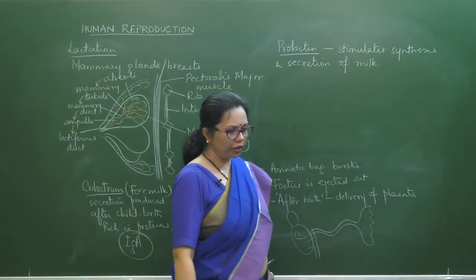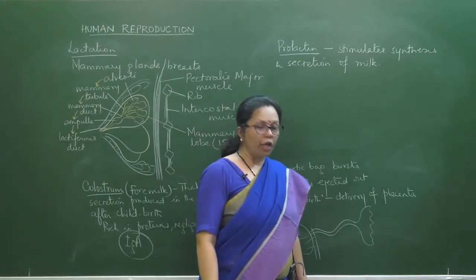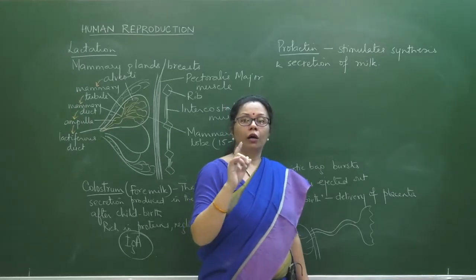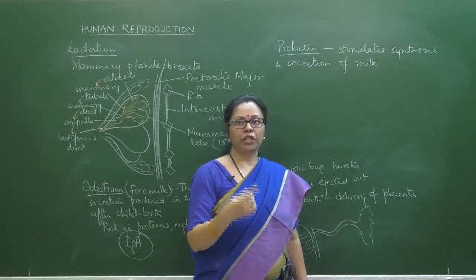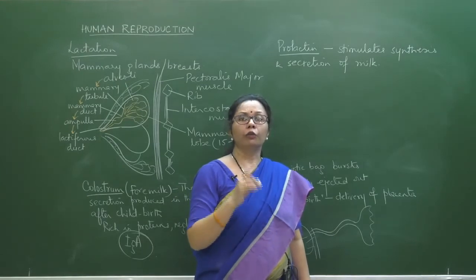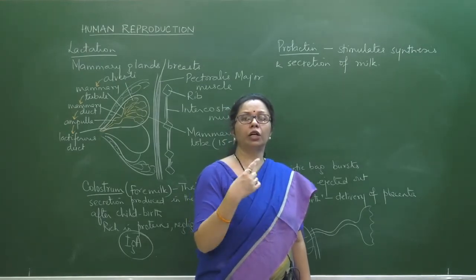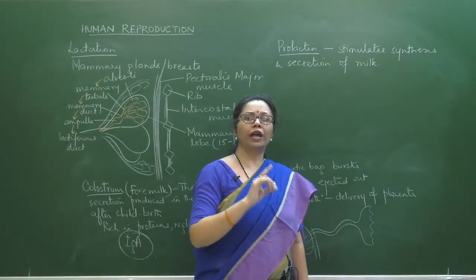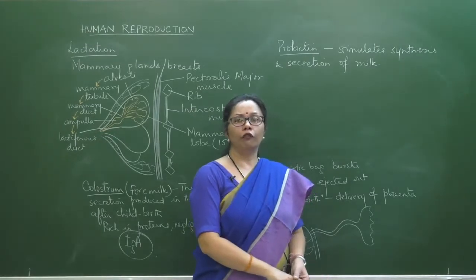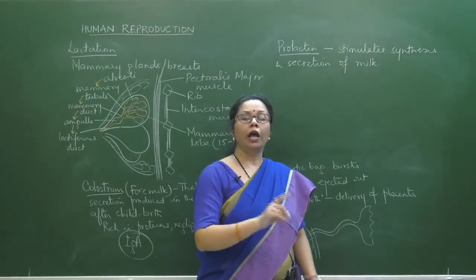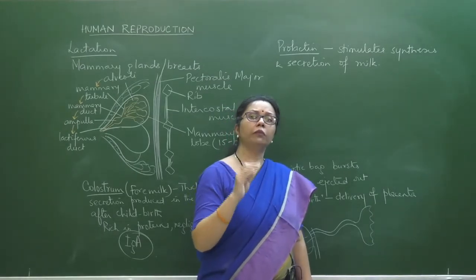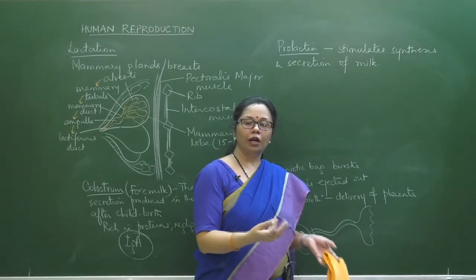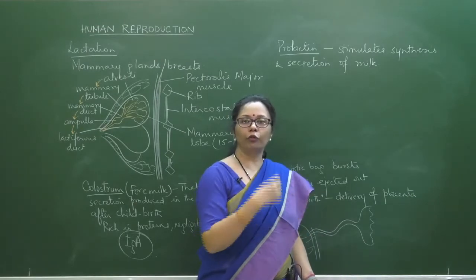Now, prolactin stays high, especially in the initial 6 months of lactation, because that's what the doctors also prescribe, that the newborn should be fed only and only on mother's milk, because that is sufficient to fulfill all the needs of the newborn, and they should not be given even water, because with water the child's little stomach will be full and they won't take much milk.